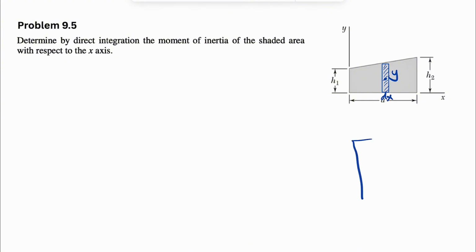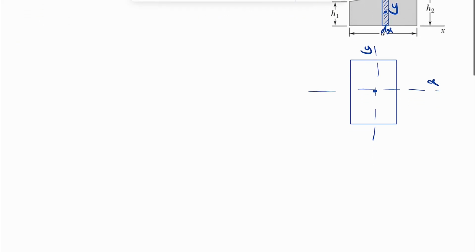So let's say we have this rectangle, and if this is our centroid, we can define the moment of inertia about x and y. For the rectangle, the moment of inertia with respect to x, considering this h and this one b, would be 1/12 of the base times the height to the power of 3.